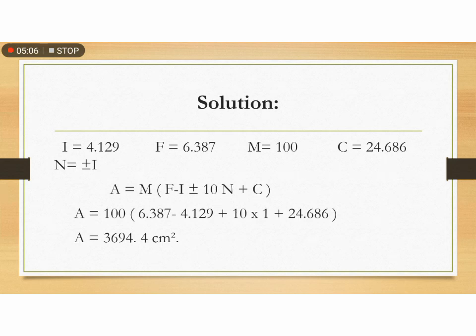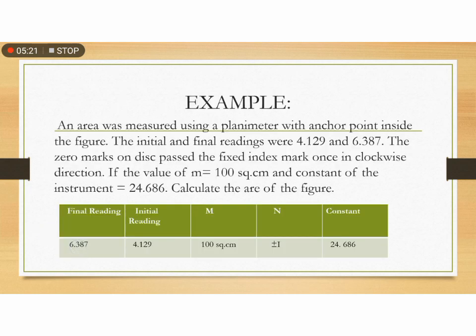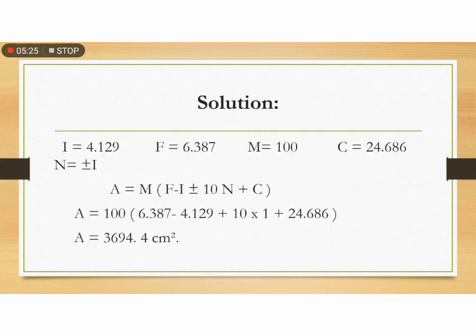The multiplying constant equals 100, and C, the instrument constant, equals 24.686. N is the number of times the zero mark passes the index, which is one. So A equals M times F minus I plus 10 N plus C. A equals 100 times 6.387 minus 4.129 plus 10 times 1 plus 24.686.